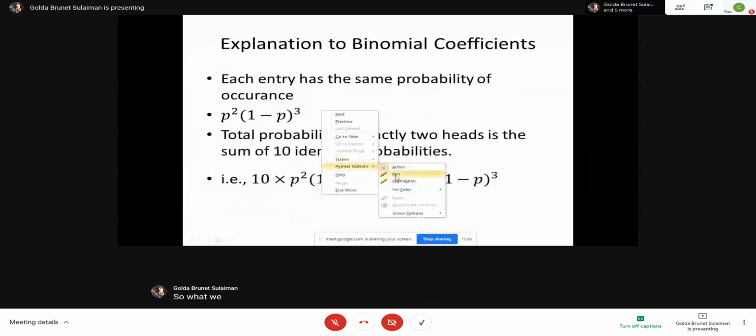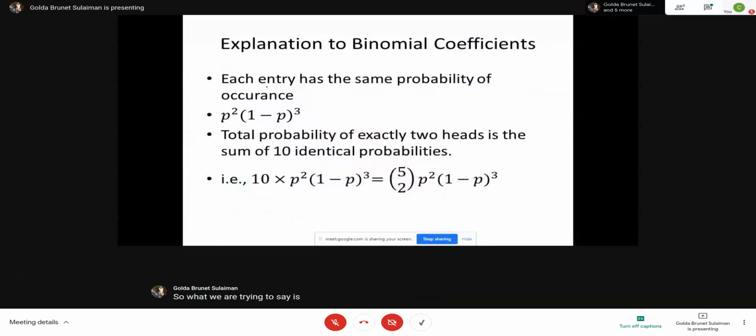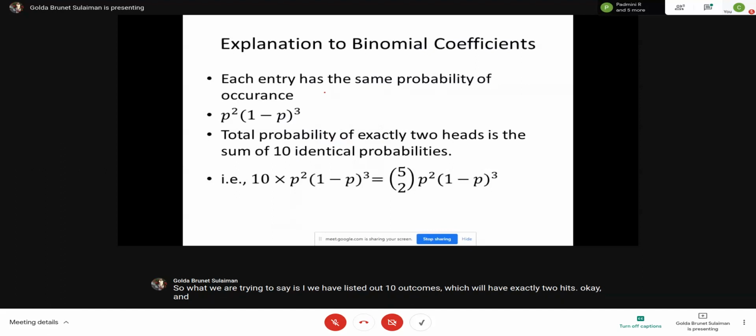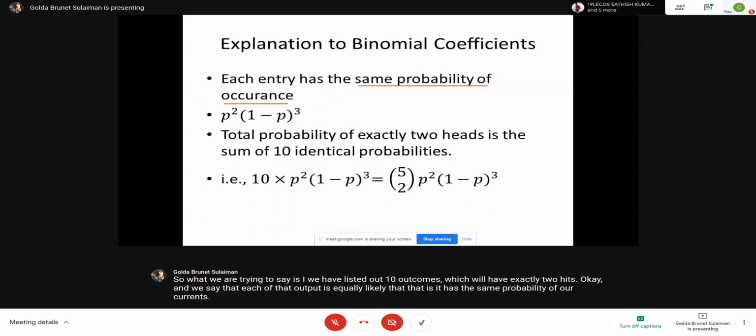What we are trying to say is we have listed out 10 outcomes which have exactly two heads. Each of those outcomes is equally likely, that is, it has the same probability of occurrence. Why?